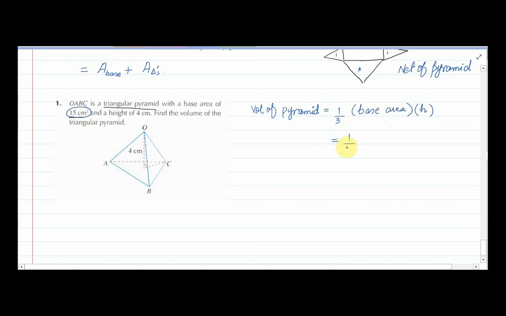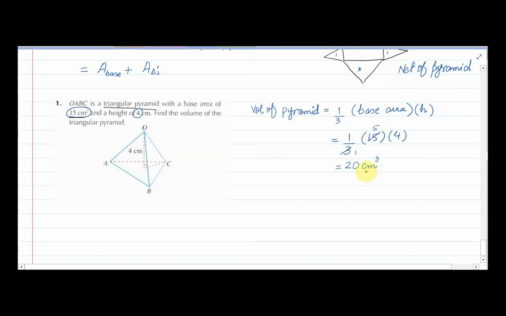So it will be 1 over 3, base area is 15, and the value of height is also known, and it's 4. So simplify it: 3 1s are 3, 3 5s are 15, and 5 4s are 20. And the unit will be centimeter cube, right?